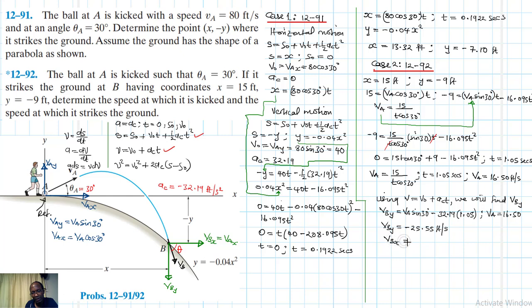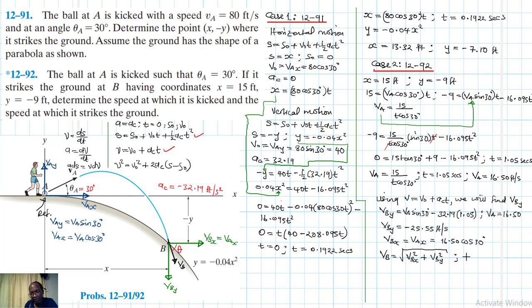Alright, so we know that our VBX is equal to VAX, which is equal to VA cos 30, which is just 16.50 cos 30. So our VB is just going to be equal to the square root of VBX squared plus VBY squared.